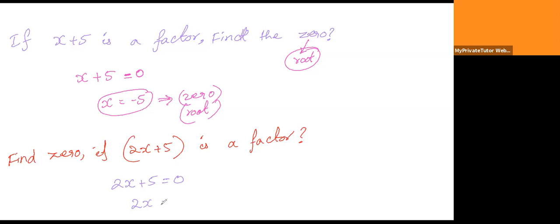So 2x equals minus 5 and x equals minus 5 by 2. So x equals minus 5 by 2 is a 0, or else minus 2.5. Yes, Joseph, very nice. That's the 0 of this factor. I hope you guys understand. What about Mohammed and Anna? Yes, sir, I understand.